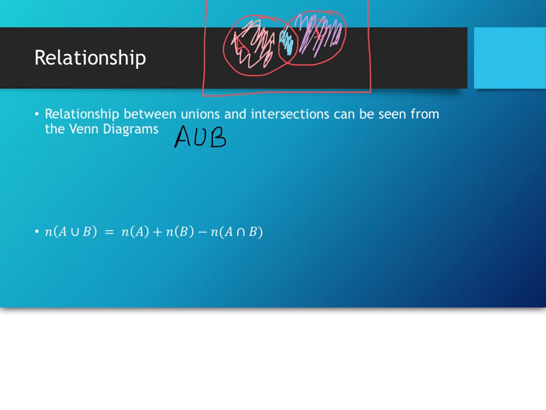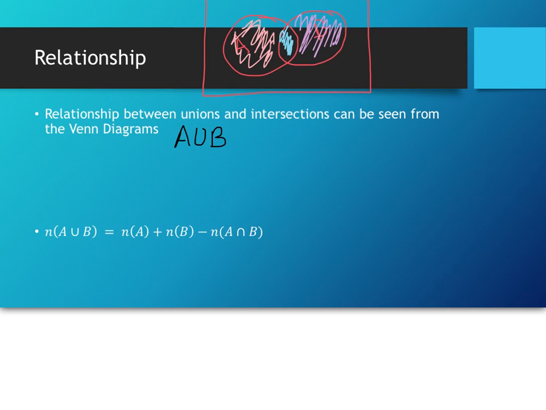So if I'm trying to count the number of objects in A union B, and I just add up A and add up the number of objects in B, what I've done is I've double counted this intersection. So A union B is that region where all the shading happens. If I do A, I get pink and blue. If I did B, I'd get blue and purple.